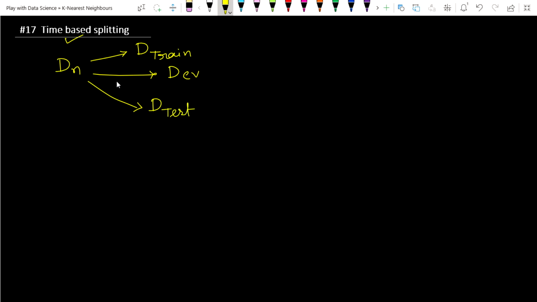And we are doing this randomly. Generally in a random split, we do 60% for training data, 20% for cross validation data, and 20% for test data. Typically we use this partition ratio.